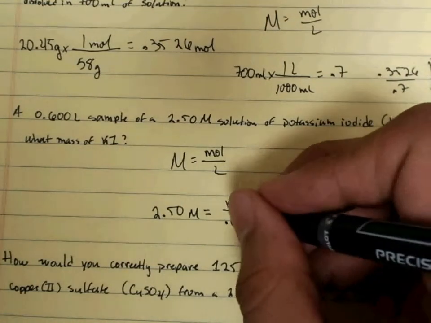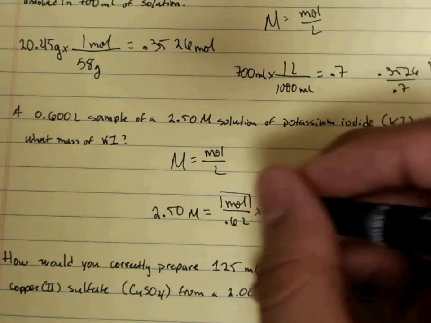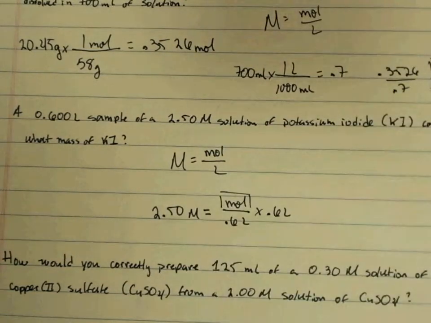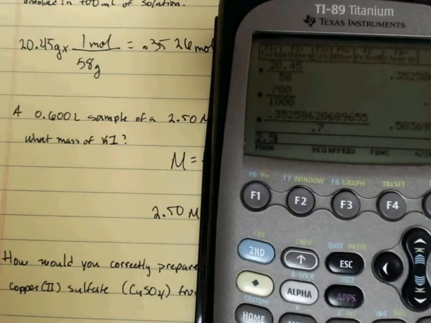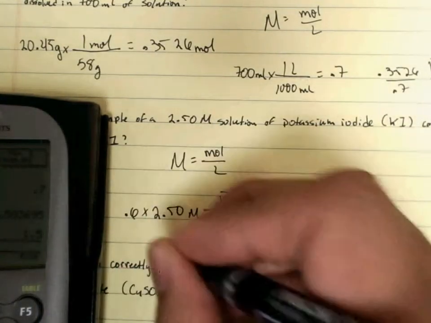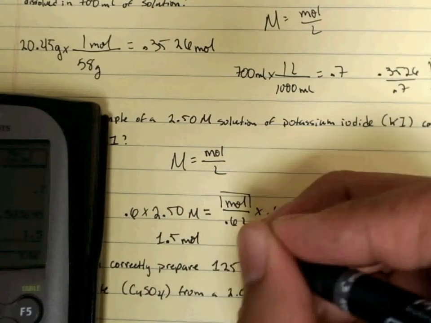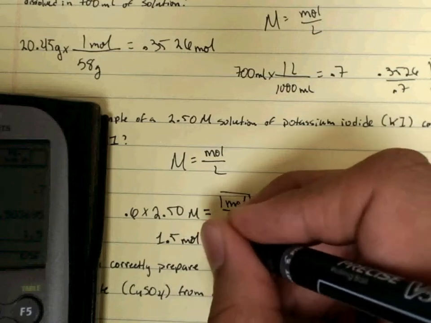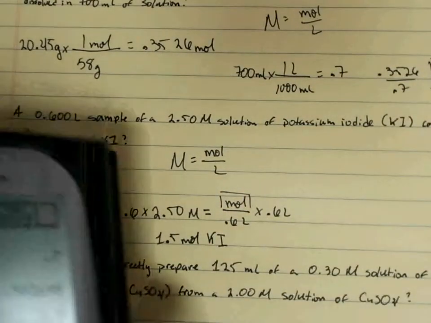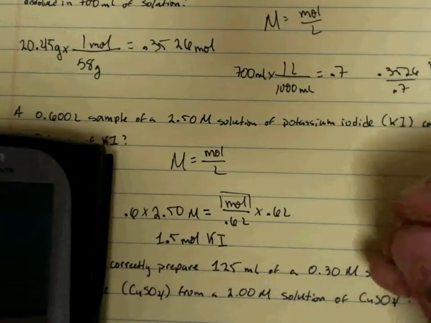Well, I need to get this alone, so I'm going to multiply it by 0.6 on both sides. So I'm going to have 2.5 times 0.6. That's going to equal 1.5 moles of potassium iodide. So that's how many moles I have.